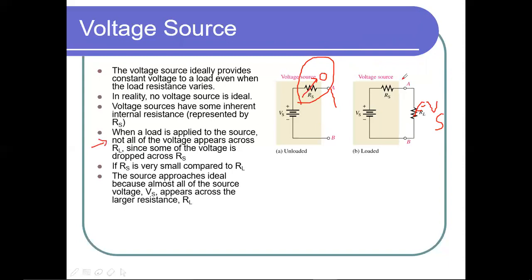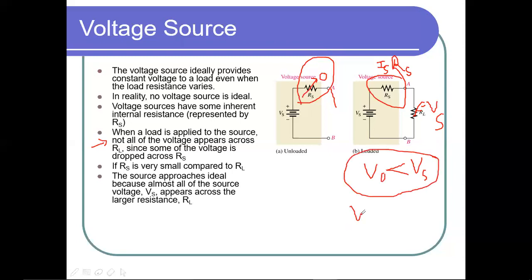Because there is a drop across this Rs, since resistance is present between the voltage source and the load. Due to this internal resistance there is an IsRs drop. Hence the total voltage will not be present across A and B. Some drop will appear, so my output voltage is always less than Vs. This is called a practical voltage source.